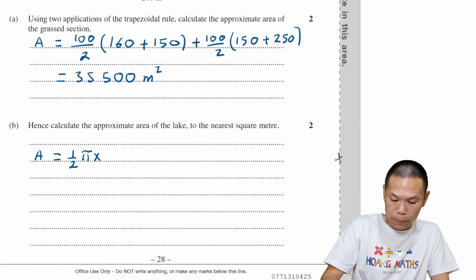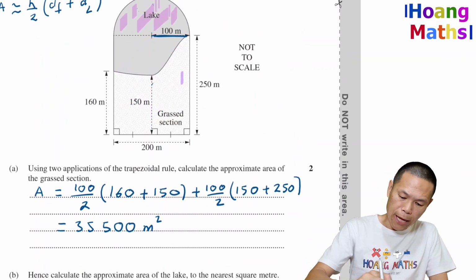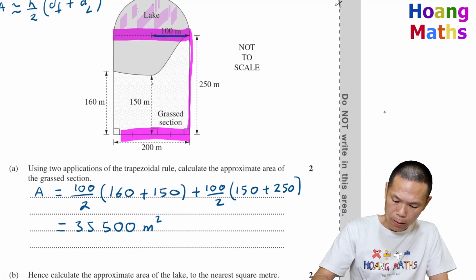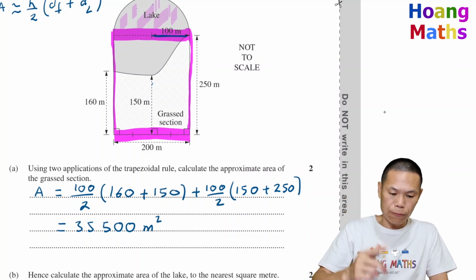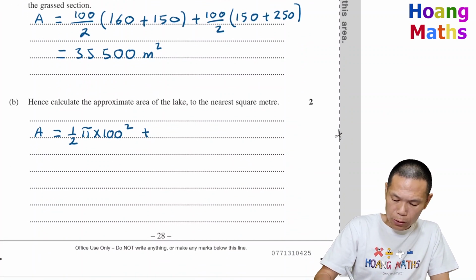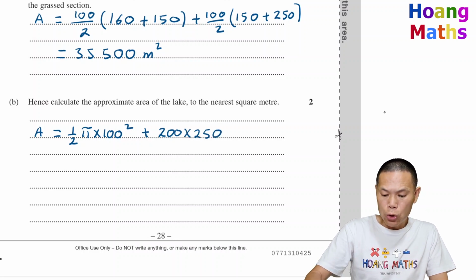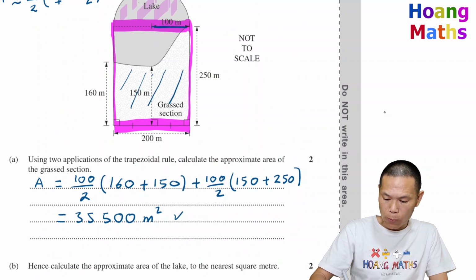So that is 100 squared. And we add the area of the rectangle. So the rectangle is this area here. So that is 200 times 250. And then what we do, we need to minus this grass area out. So this is this one here.